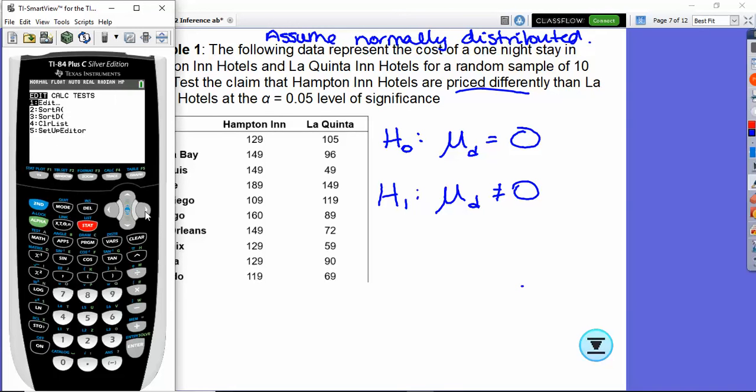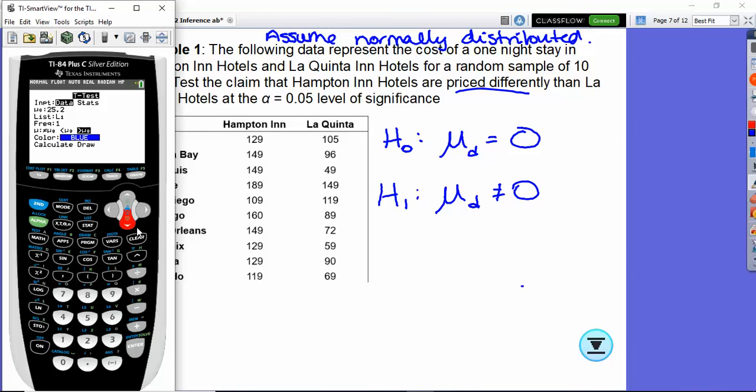So we go to stat, tests, number 2, t-test. Okay, we want to base it off data or stats? Data. If you wanted stats, you would have to go to the calculate and get it to calculate everything for you. But since we already have our stuff entered in our list, we can just do data.